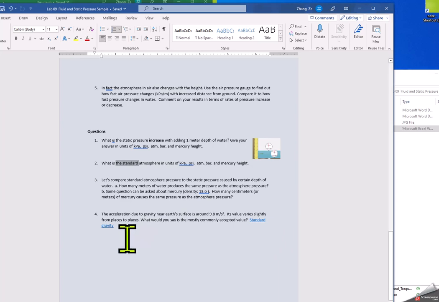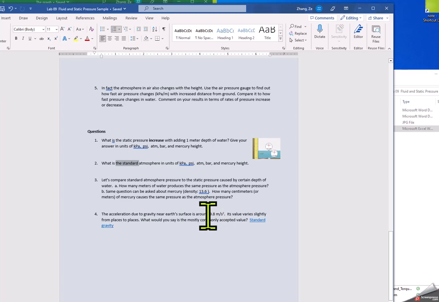Number 4: acceleration due to gravity. This is a related question. It's all because of this gravitational attractive force. Its value varies slightly from place to place, so what is the most commonly accepted value, the standard gravity?